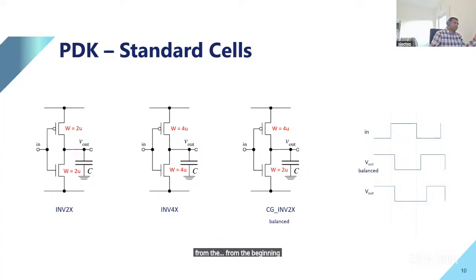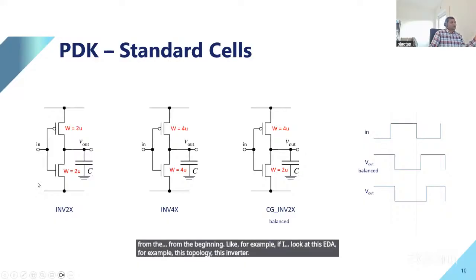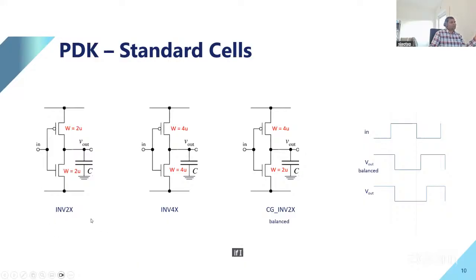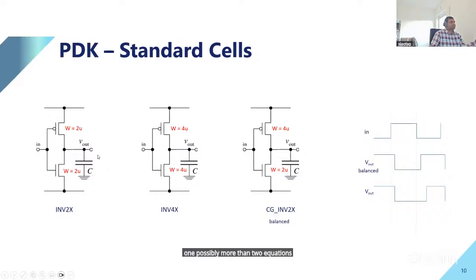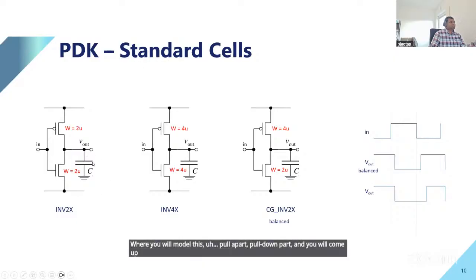For example, if I look at this topology, this inverter, and I have to simulate this inverter on paper, you will write all types of equations, possibly more than two, linear and non-linear, where you will model this pull-up path and pull-down path, and come to a conclusion about how this inverter is working.